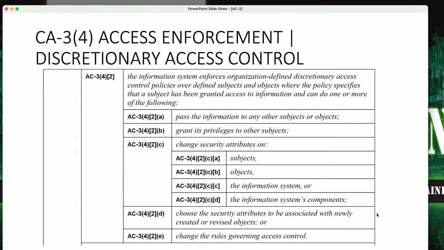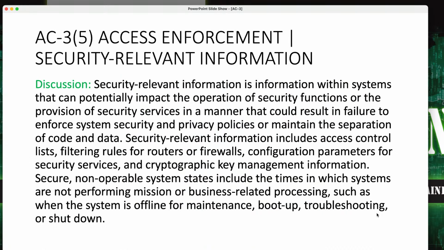They can pass it to other security objects or subjects. They can grant its privileges to other subjects. It can change the security attributes on objects, subjects, information system, or information system components. It can choose the security attributes to be associated with newly created or revised objects, and it can change the rules governing access based on whatever that policy says, right?